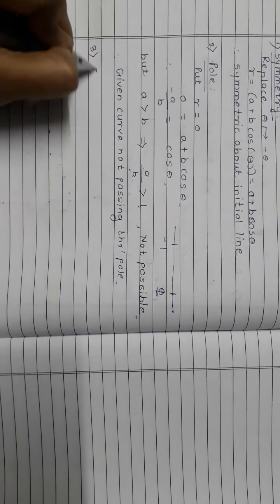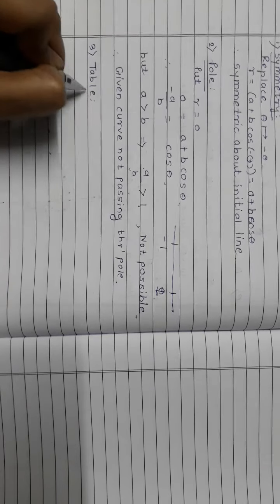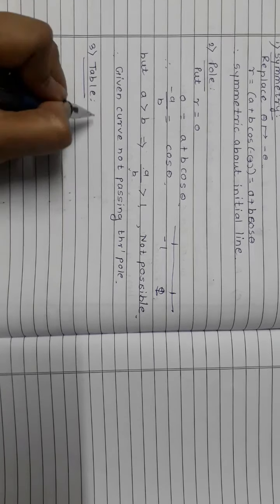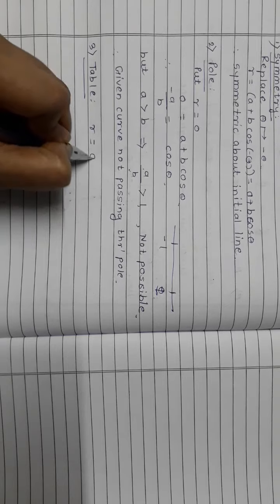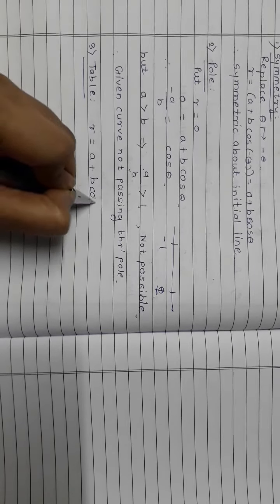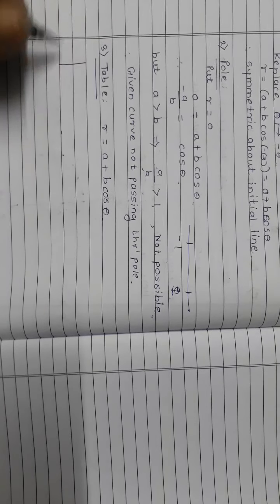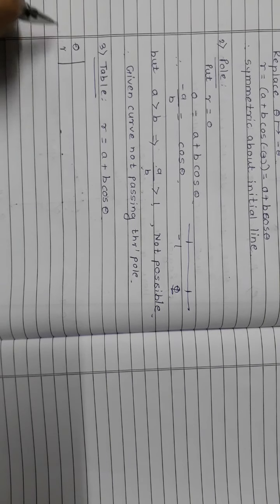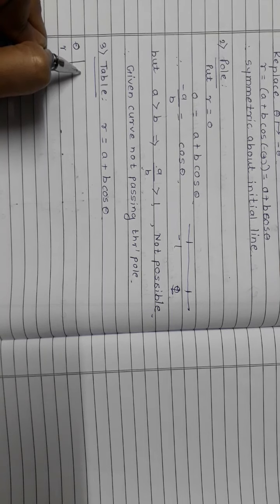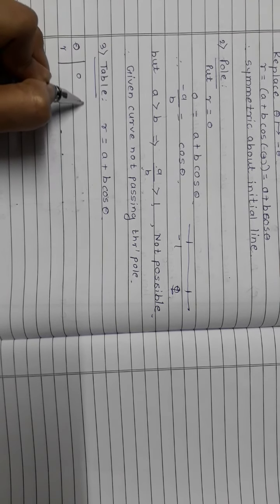So let's go to the third one. The third one is preparing the table. I'll write down the equation one more time. r is equal to a plus b cos theta. So unlike the first one, we are going to keep the same values for theta and r, right? So let's take theta to be equal to 0.